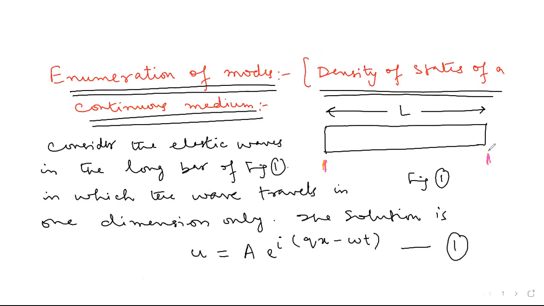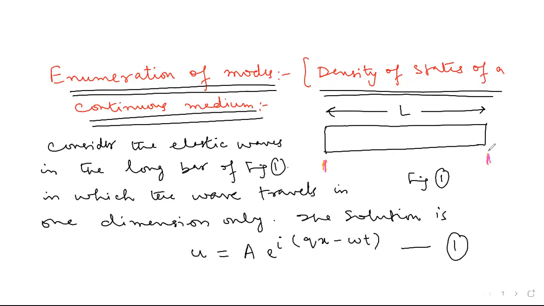It is as if the bar were deformed into circular shape so that the right end joined the left. I repeat, it is as if the bar were deformed into circular shape so that the right end joined the left.